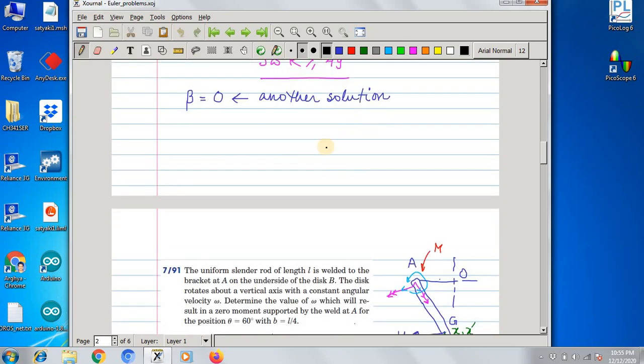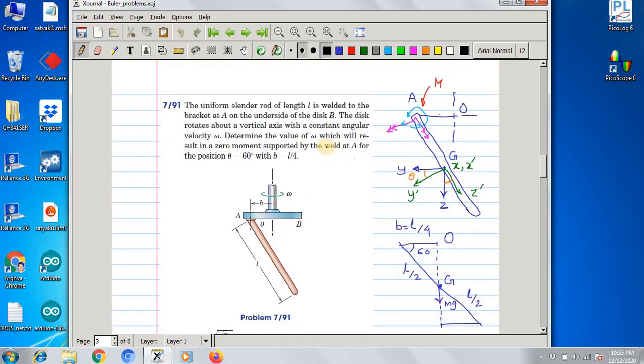So now we move on to the next problem. So this is the next problem. Here a uniform slender rod of length L is welded to the bracket. So this is a bracket and it is welded to the bracket.